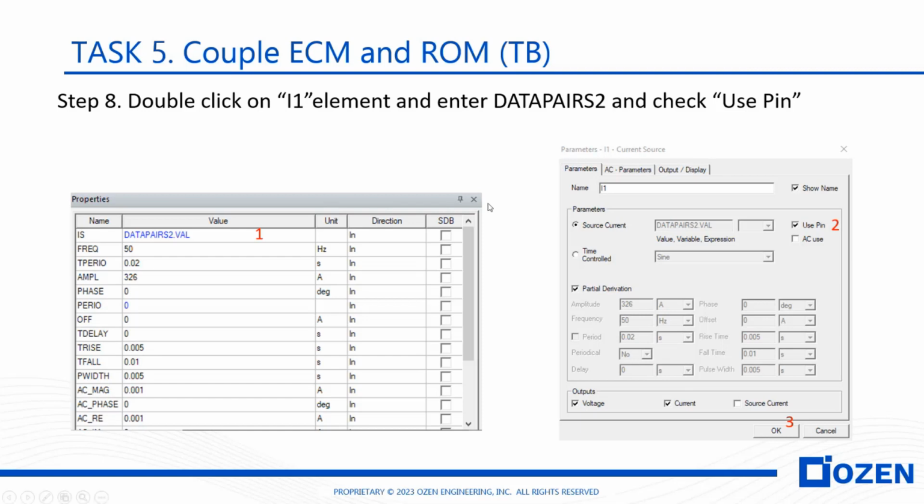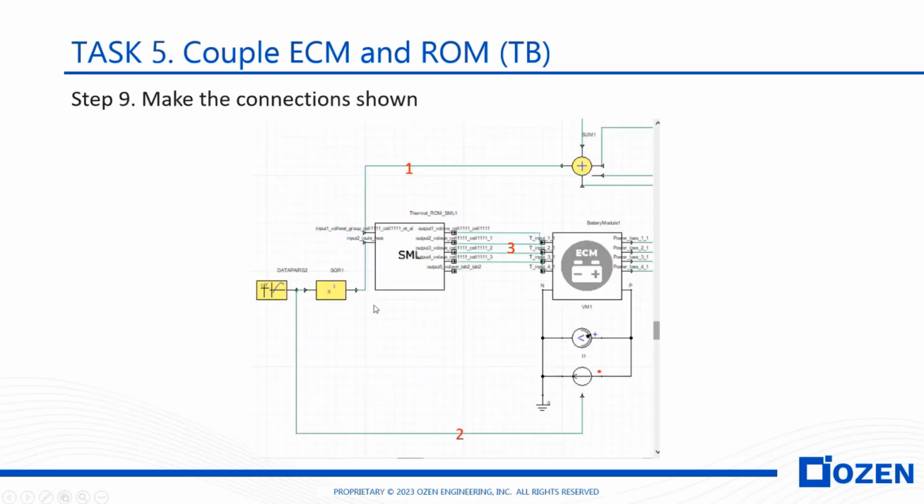Here, we now, instead of data pairs, we are going to drive the model through coupling. So here, we're going to first do data pairs 2, which is the joule heating part. So we're going to give a source here, and the other input, the thermal input, will come from the ECM when we tie it.